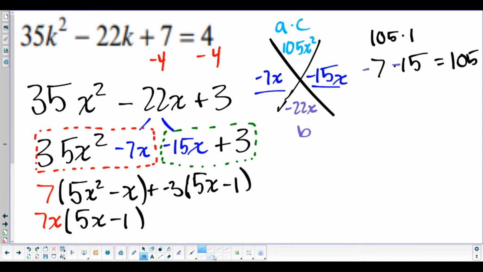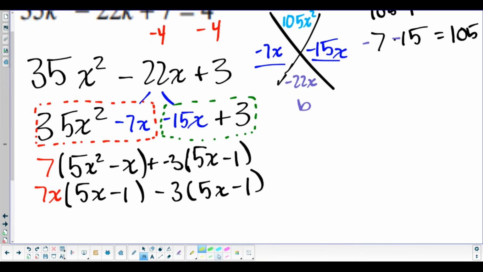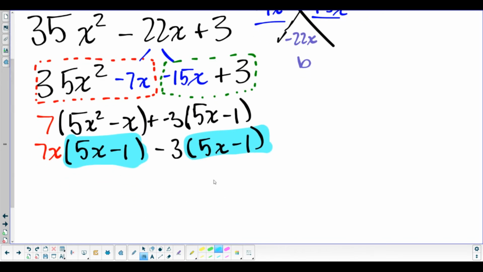Okay, which means that in total, my equation is now 7x times the quantity 5x minus 1, minus 3 times the quantity 5x minus 1. Well, if you notice, I have two things in common in parentheses: 5x minus 1 here and 5x minus 1 here, which means I can factor that out too.